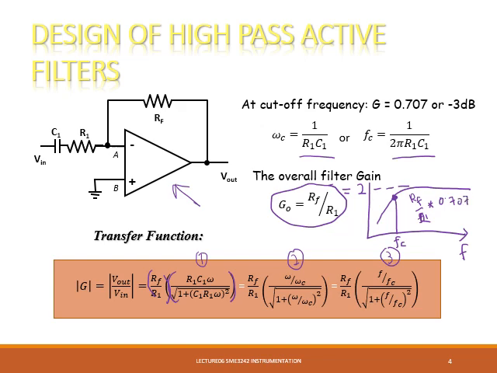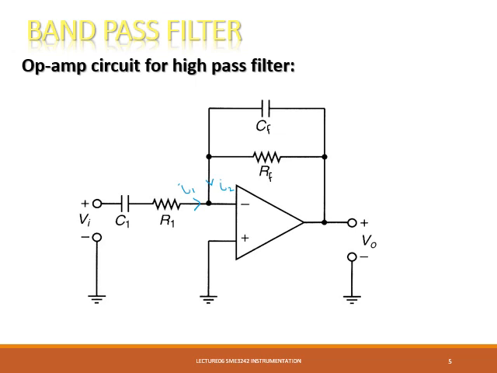Why 0.707? Because when the gain is equal to 1, it will give the value 0.707. But if you design the circuit for another gain value, such as 3, 10, or another, then you must multiply it with 0.707. Let's continue with the band pass filter.